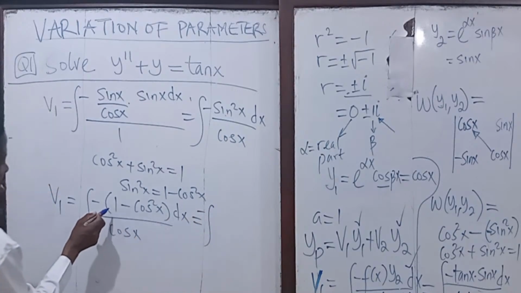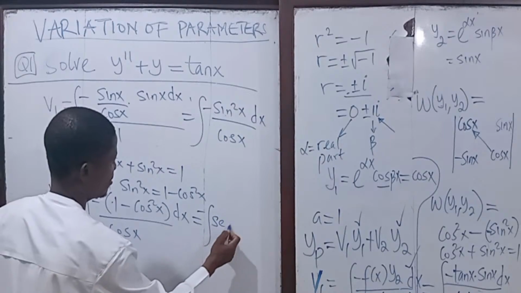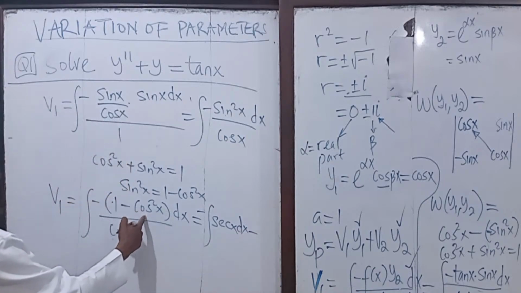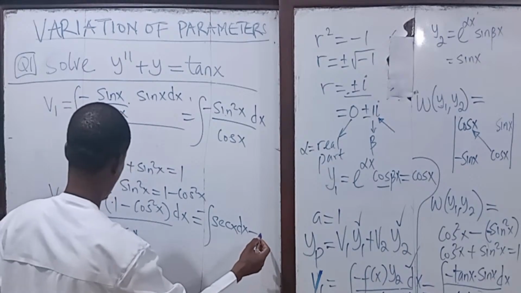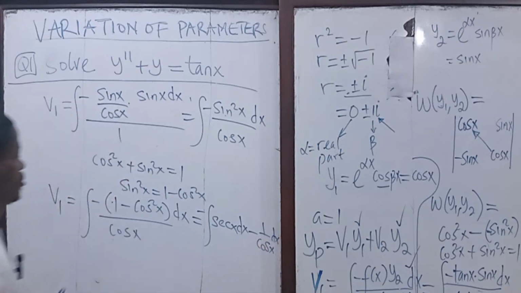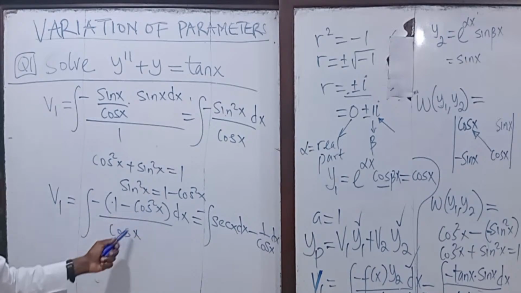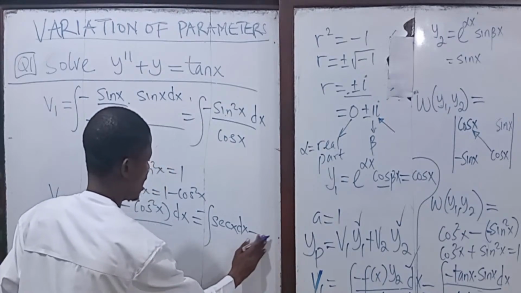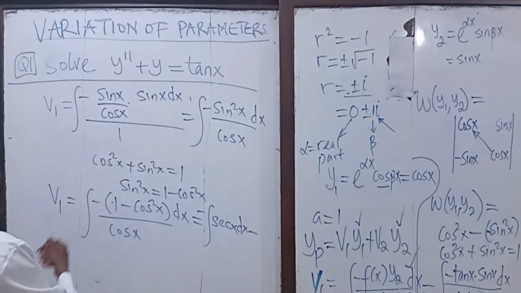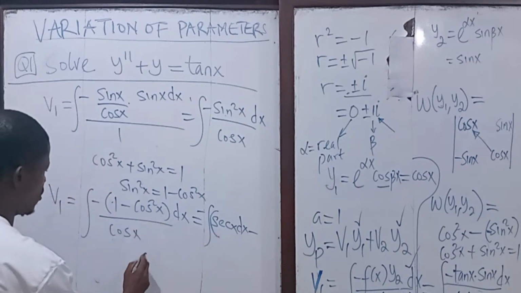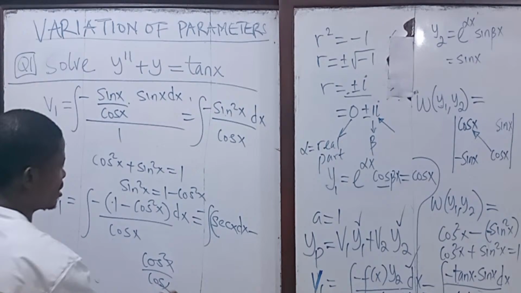So minus, it means 1 over cos x, which is sec x, and then minus cos square x over cos x dx. Doing the algebra, cos square x over cos x gives you cos x.